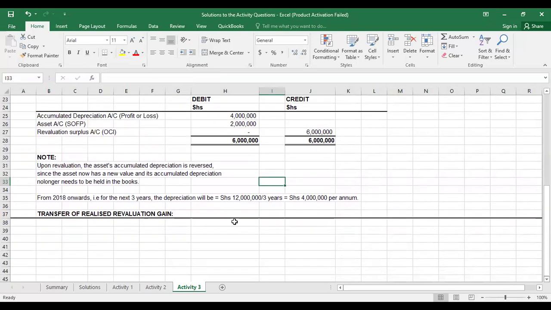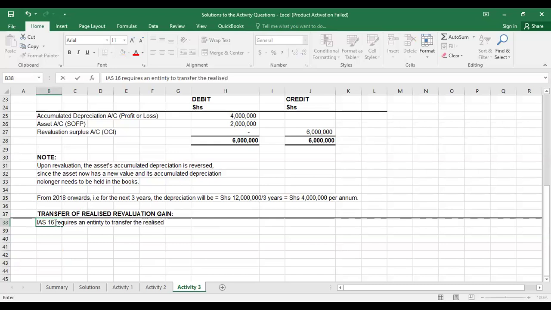All right. So IAS 16 requires an entity to transfer the realized revaluation gain at the end of each accounting period.